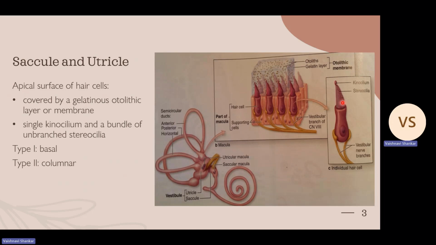As said, the tips of the stereocilia and kinocilium are embedded in a thick gelatinous layer of proteoglycans called the otolithic membrane, the outer part of which is filled with calcified structures called otoliths. There are two types of hair cells. Type 1 have basal lengths and are rounded, and the type 2 cells are columnar.